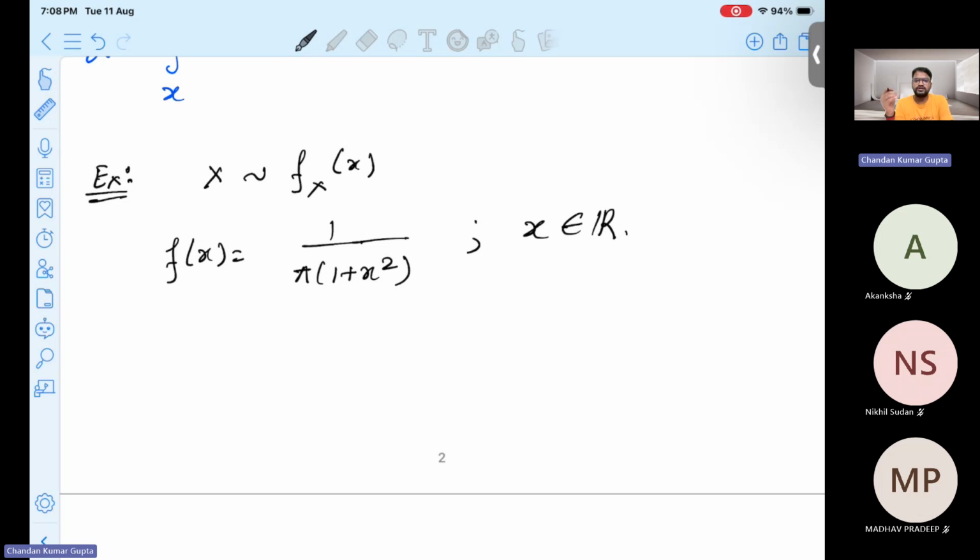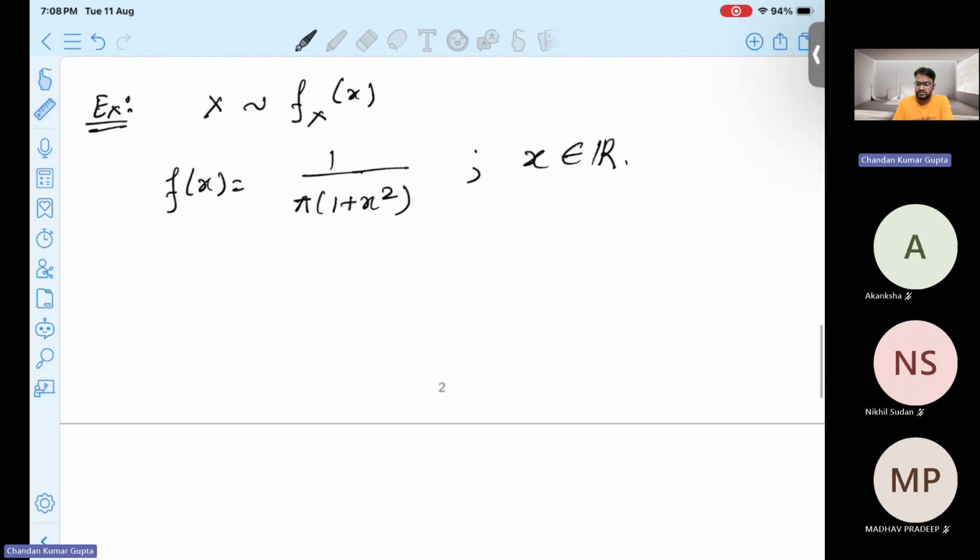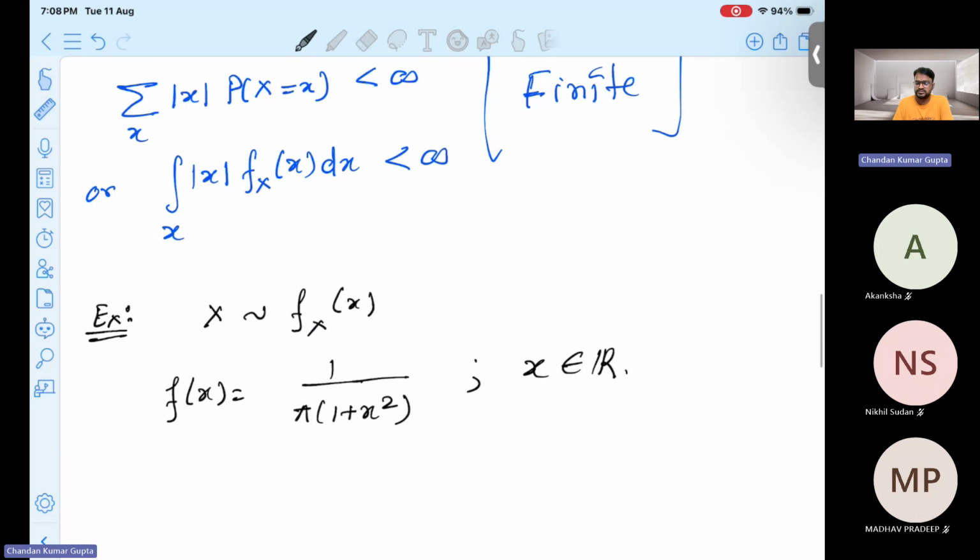Now we need to calculate the first order moment, the expectation of X. Before that, let us see whether this condition holds or not. If this condition holds, then we are able to calculate the expectation.